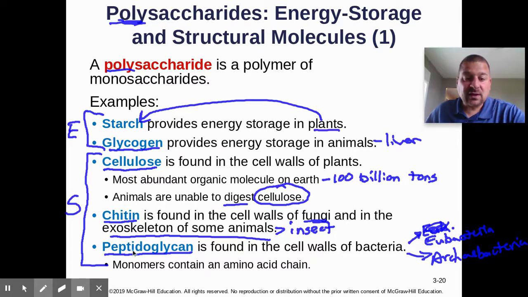And notice peptido, okay, peptide often refers to a protein. That's because the monomers each have an amino acid chain attached to them. Amino acids we'll learn about are part of what make the subunit, the monomer of proteins. So those are attached to the sugar, so we get glyco, which means sugar, and peptido, which refers to the amino acid or the protein part.